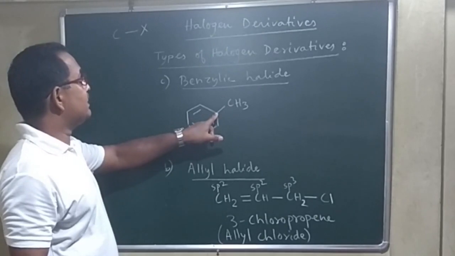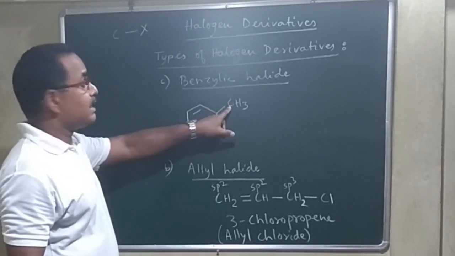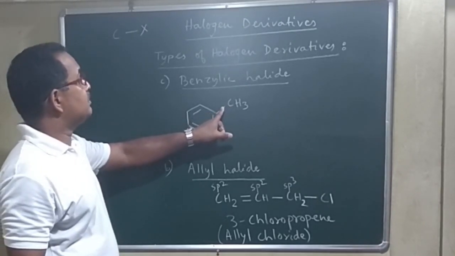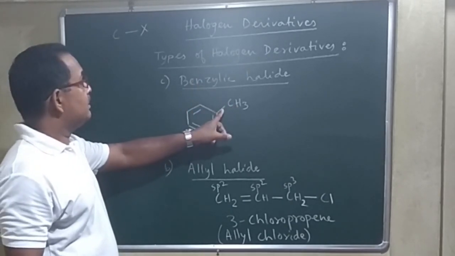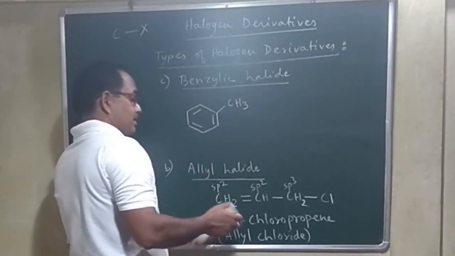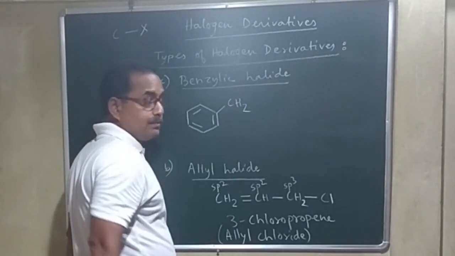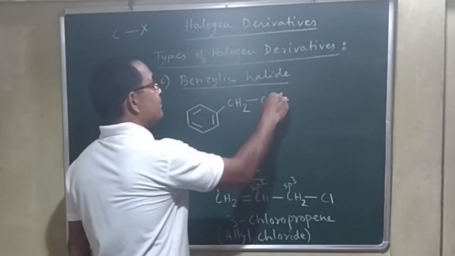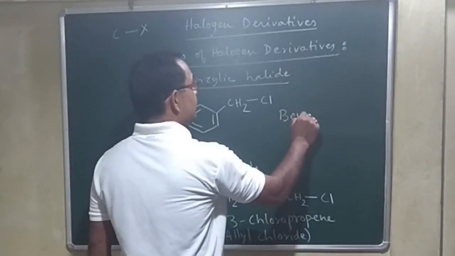This methyl group is attached to a ring carbon, sp2 carbon. But this carbon is not sp2. It is sp3 because it has 4 sigma bonds. 1, 2, 3, 4. 3 hydrogens plus this. So this is sp3 carbon. Now if we reduce one hydrogen here, it becomes CH2. And that valency, if it is satisfied by say chlorine, this will be called benzyl chloride.